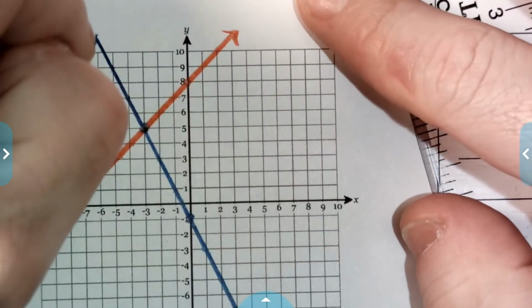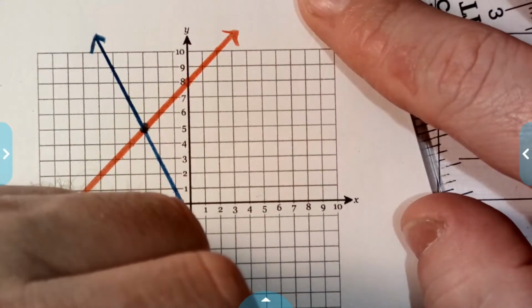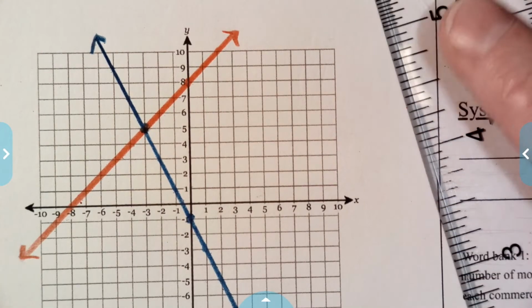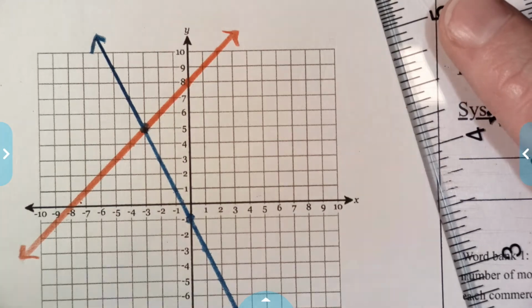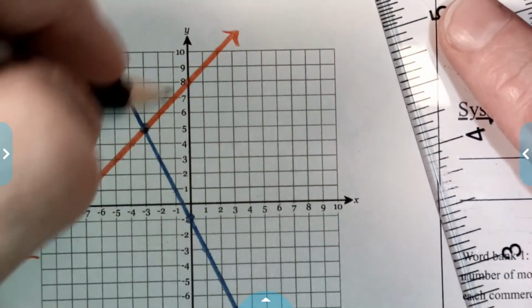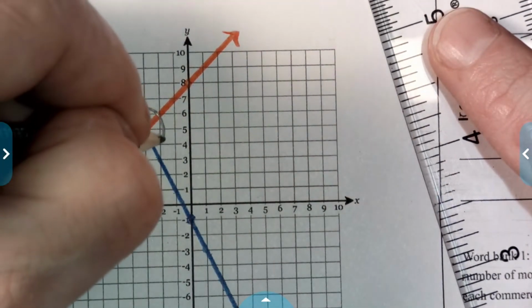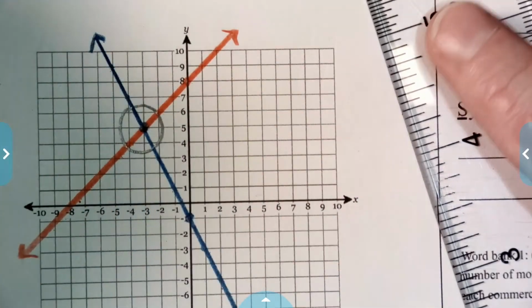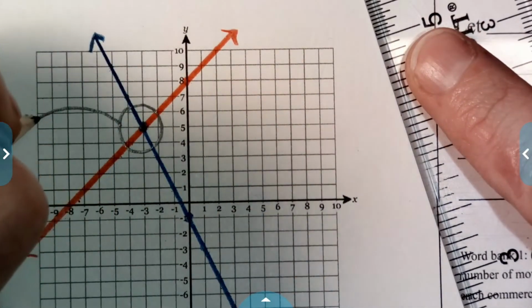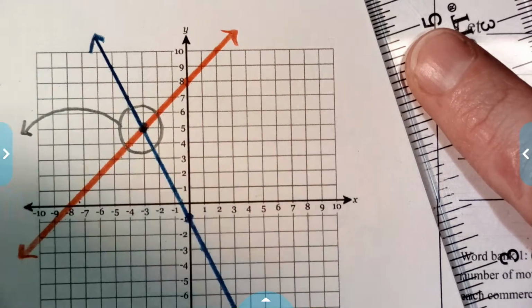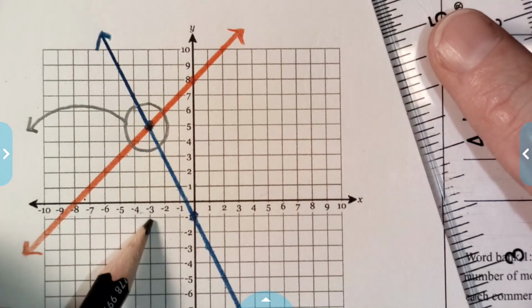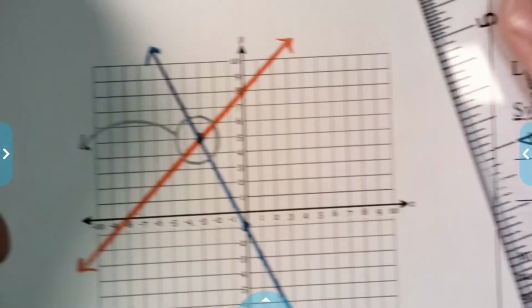Okay. So there we go. And what we're going to do now is just circle this. Okay. And so what are the coordinates there? -3, 5. Okay.